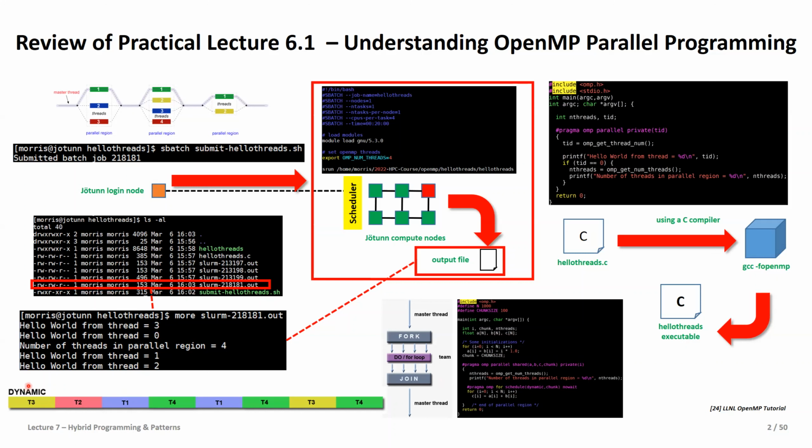Dynamic is the one that says that whenever a thread is finished, it should directly start the next chunk, while we have also learned static, where the order of the threads was the same.